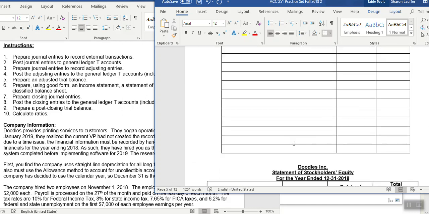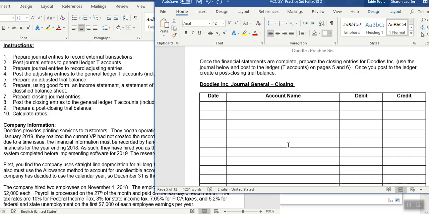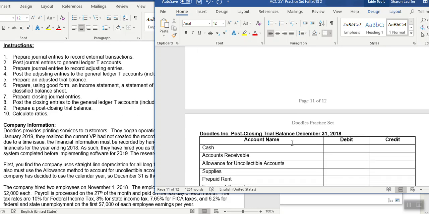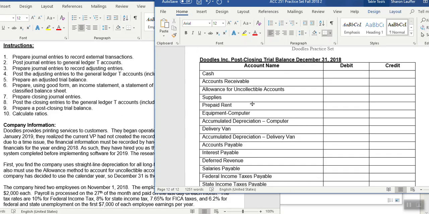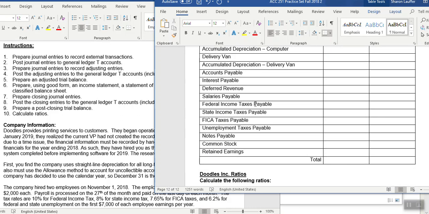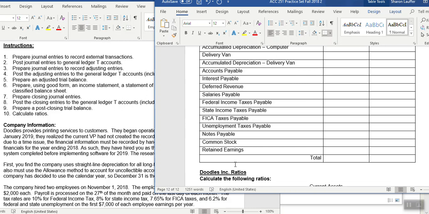Sorry for the scrolling, but it's way down here. Here it is, the post-closing trial balance, and they didn't even list the revenues or expenses on there, so these should be the ones you need. Again, it's a trial balance, so your total debits should equal your total credits. If they're not equal, you've probably made a mistake somewhere.